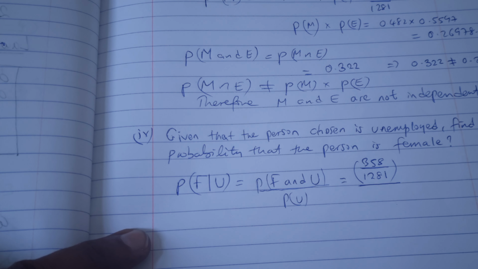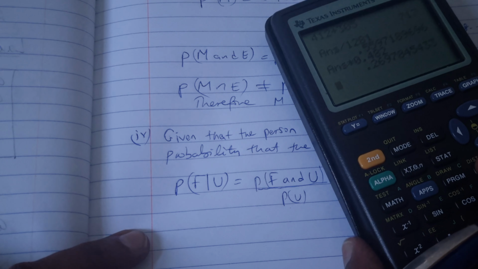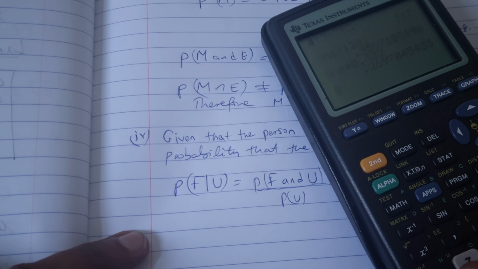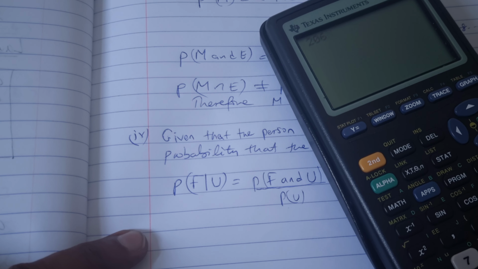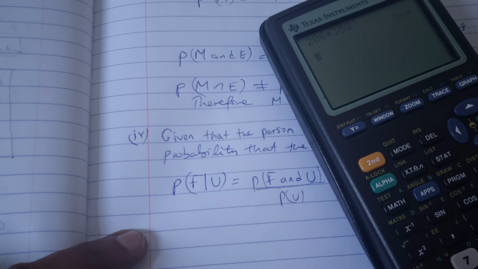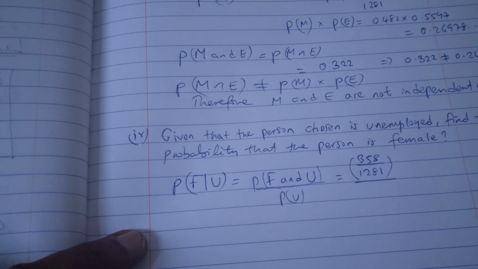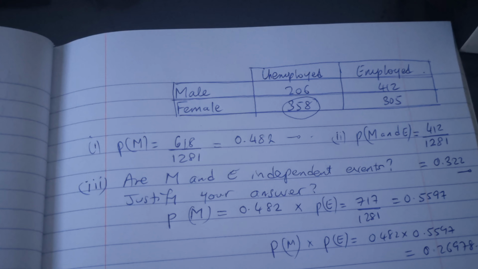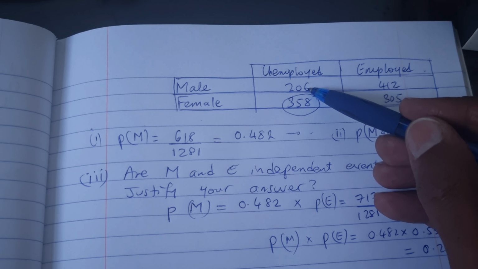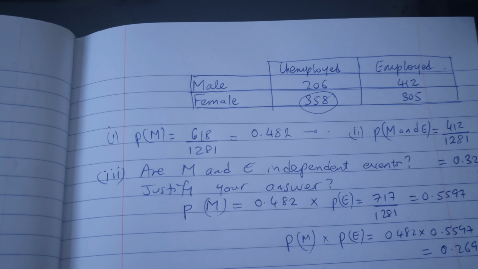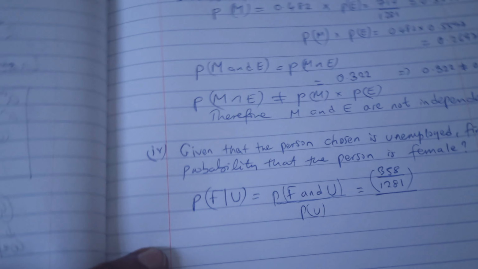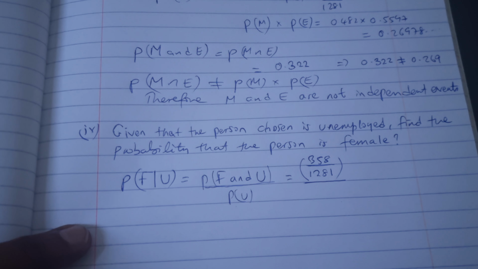So how many unemployed people do we have? We've got 206 plus 358 from the table, so 564. Unemployed 206 plus 358, so that's the total number of people who are unemployed.